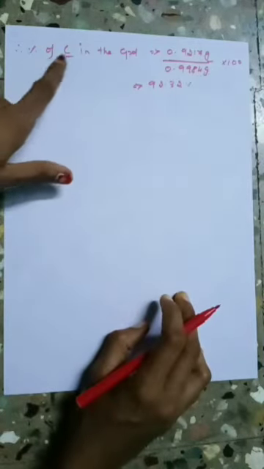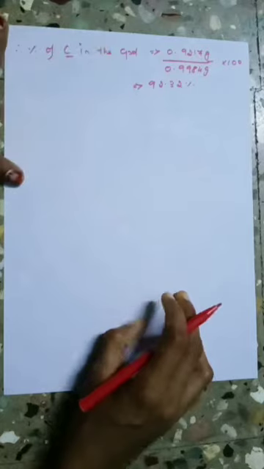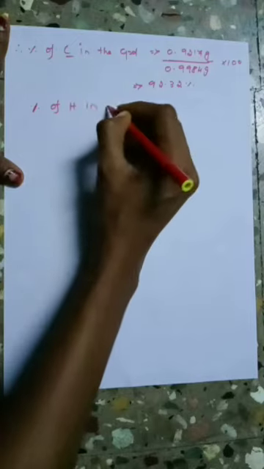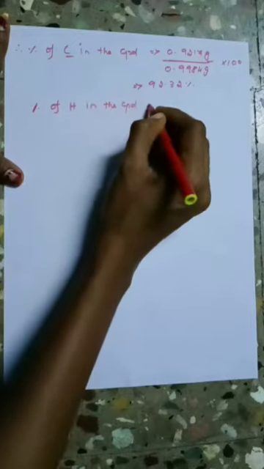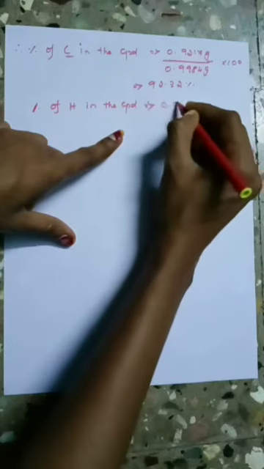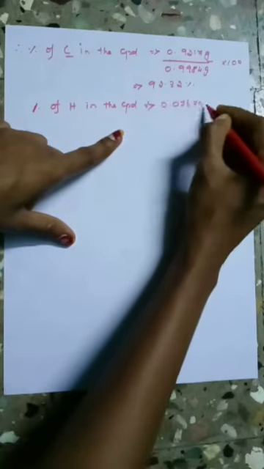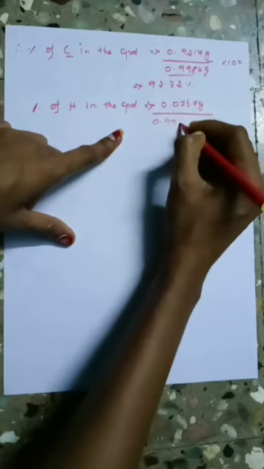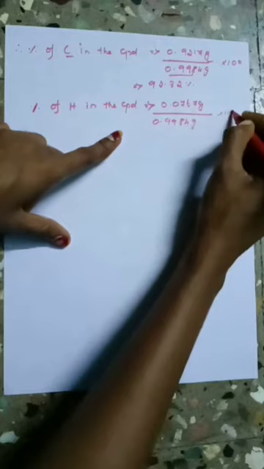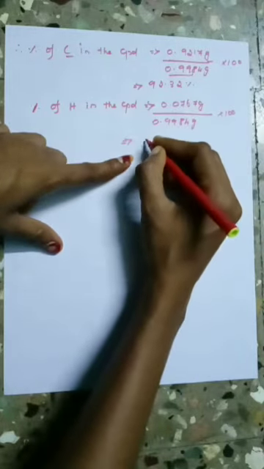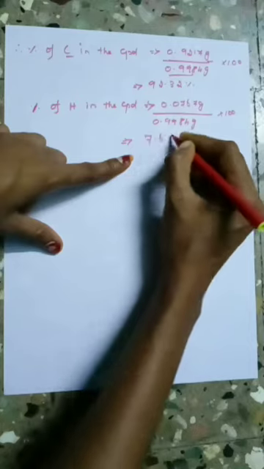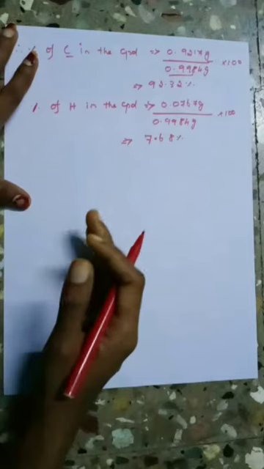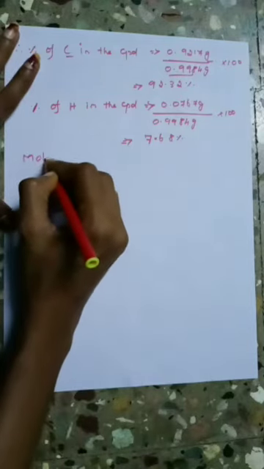This is the percentage of carbon. And the percentage of hydrogen in the given compound: hydrogen value 0.0767 gram upon total mass value 0.9984 gram, multiplied by 100. What we get is 7.68%.